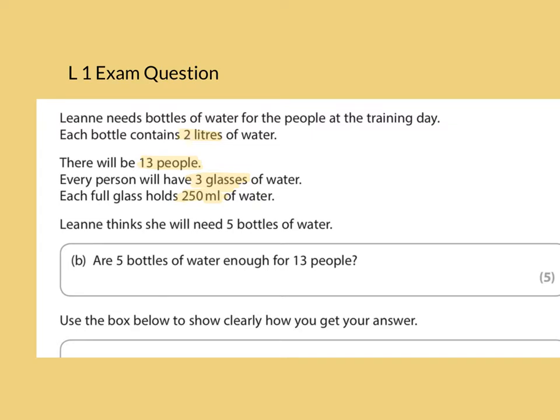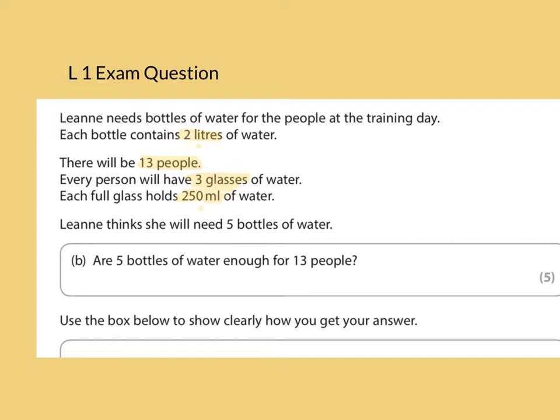So I'm going to have to do a lot of work in, and I can see already that I've got lots of units going on. I've been told each glass holds 250 millilitres, but then I've been given each bottle in litres. So the first thing I need to do is make sure I show whoever's going to be marking this that I know how to convert millilitres to litres.